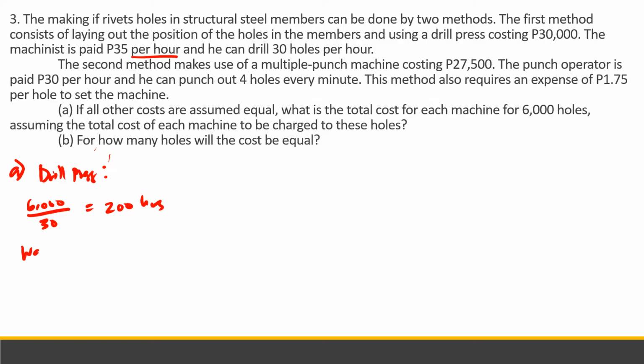So for the wage, we have 35 pesos for 200 hours. So meron siyang 7,000. And then sa cost of the drill, which is equals to 30,000 pesos.